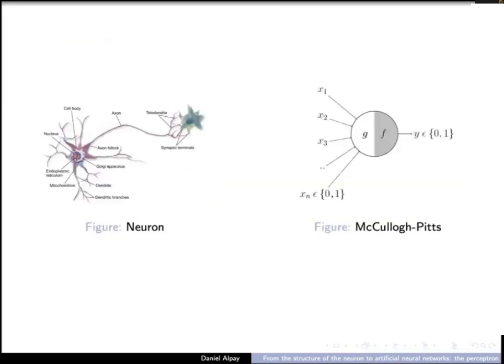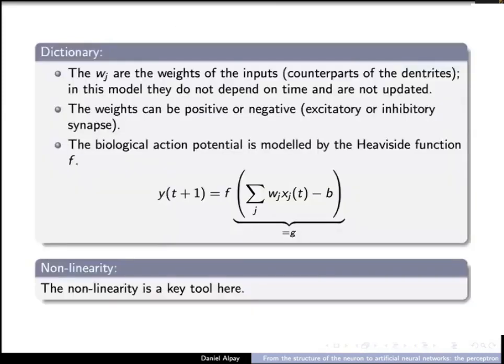And so let me just repeat, the w_j, the weights of the input, are the counterparts of the dendrites in some sense. In the model of Rosenblatt, they will be updated. Here, they are not updated. Rosenblatt is basically the same thing. Simply, the weights will be updated and the inputs will not be 0, 1. But the output will always be 0 and 1.